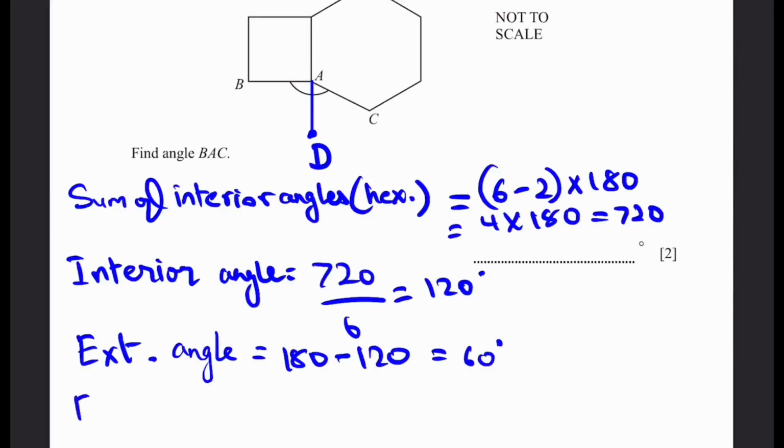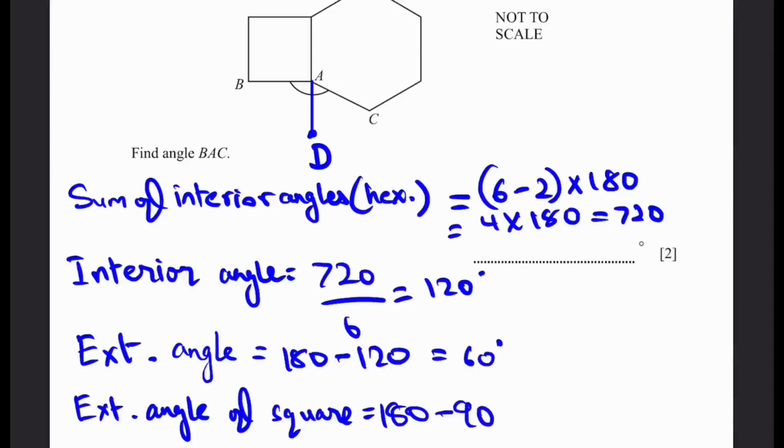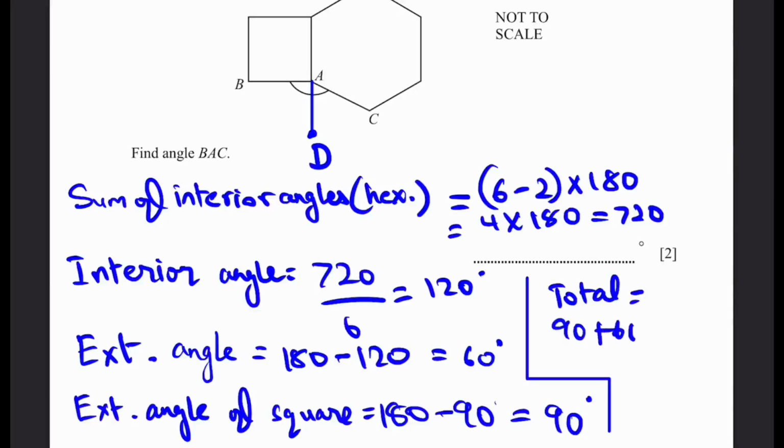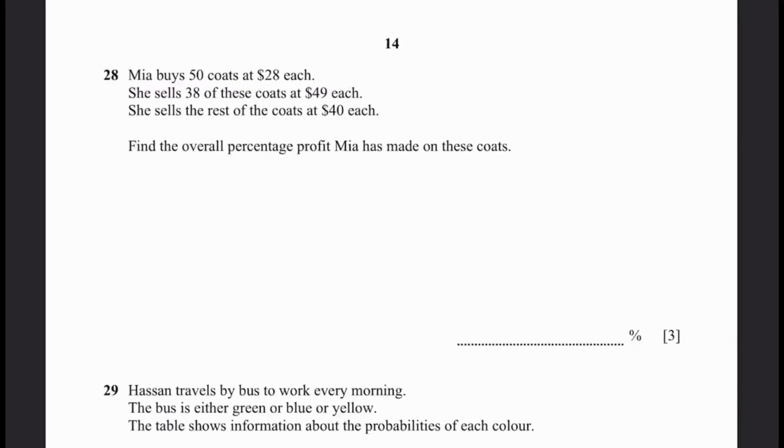So the exterior angle of the square is equal to 180 minus 90, which is equal to 90 degrees. So the total value will be equal to 90 plus 60, which is equal to 150 degrees. Let's write that down. Now let's go to question 28.